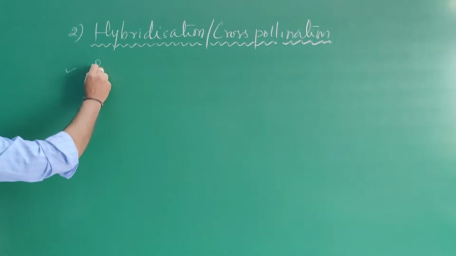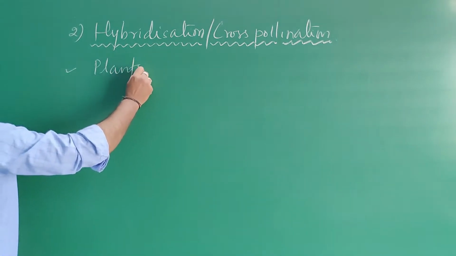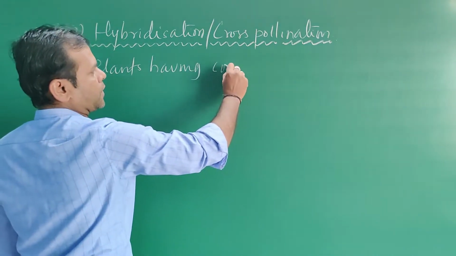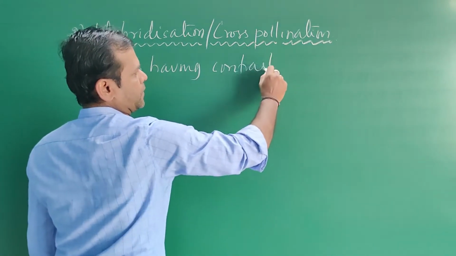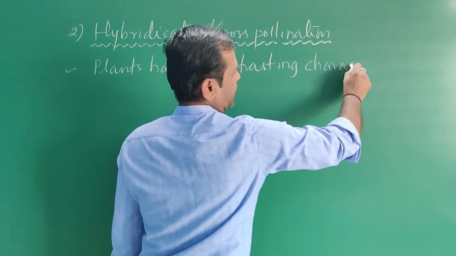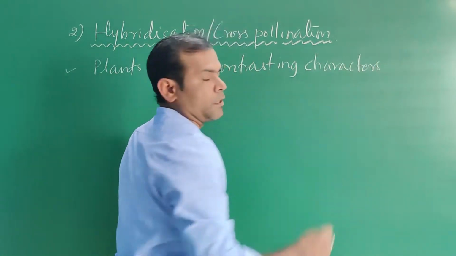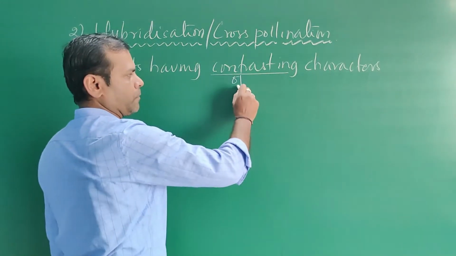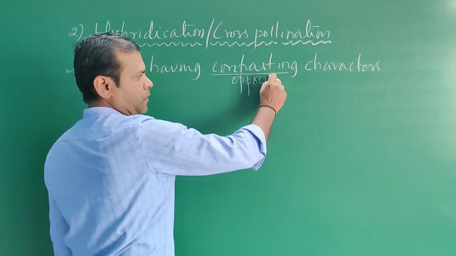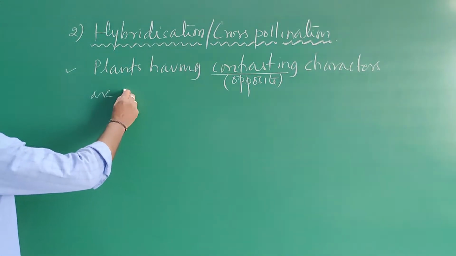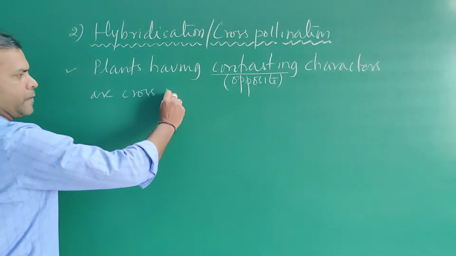The contrast means opposite. So plants having contrasting characters are cross-pollinated.